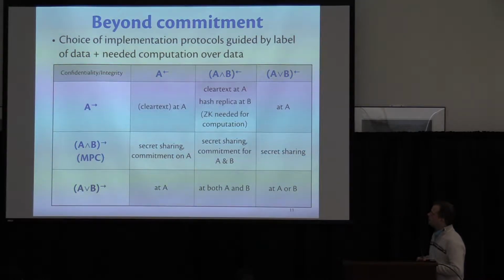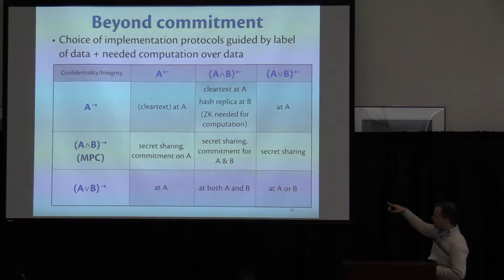The top center cell is the cell that we were in for the battleship example. And there we're sticking a hash replica at one node. It turns out we don't have to do any fancy computation on that hash replica. But in general, if we want to do computation involving it, we're going to need zero knowledge proofs. So we've explored a part of that upper cell.